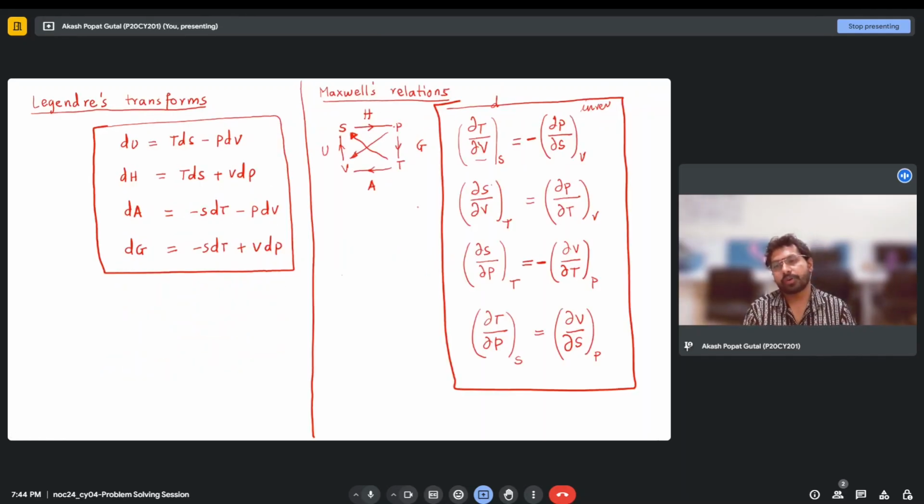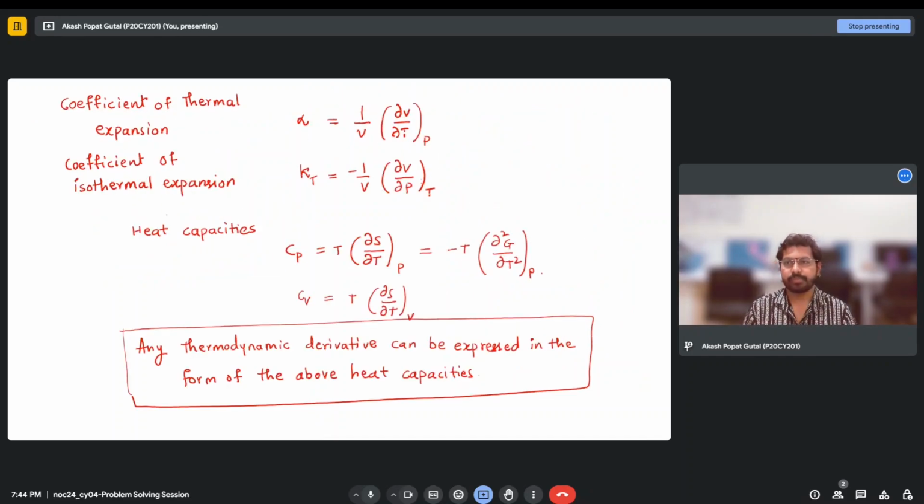And then we have seen from the Legendre transforms how we can get the dU, dH, and dG equations. From that, we defined the Maxwell's relations. We have seen the significance of the Maxwell's relations, and how to decide the sign and write these equations last week.